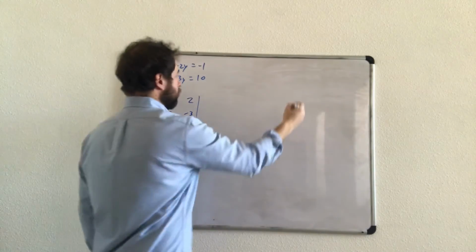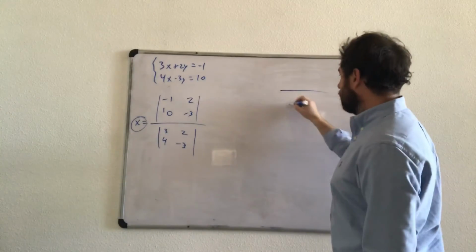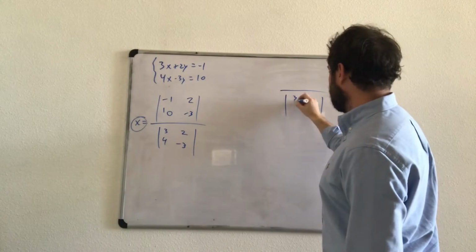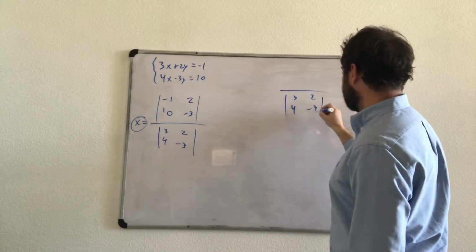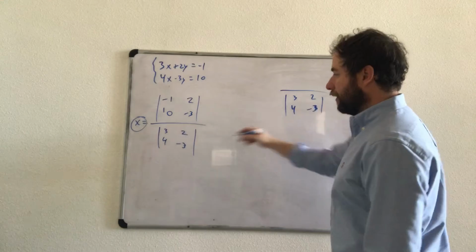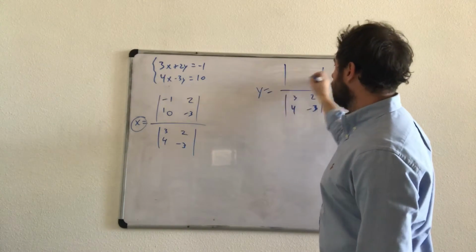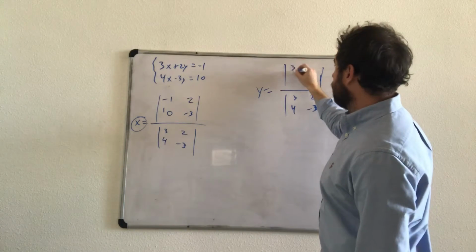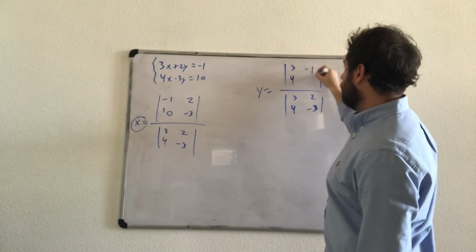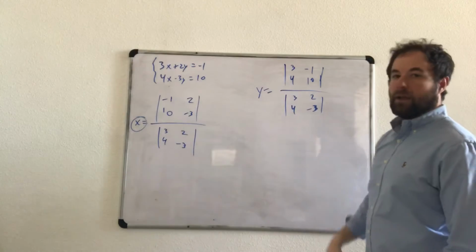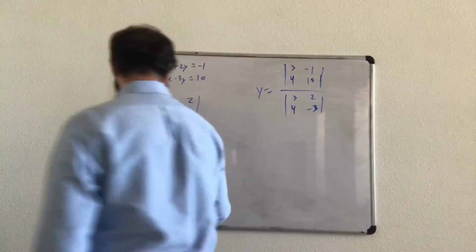We'll do the same thing when solving for y. So when solving for y, the bottom's the same, 3, 4, 2, negative 3. Now, you won't do the work over here since you're already doing the work over here. But on the top, if we're solving for y, we'll go 3, 4, and in place of y, we'll put negative 1 and 10, and that is how you solve for this.